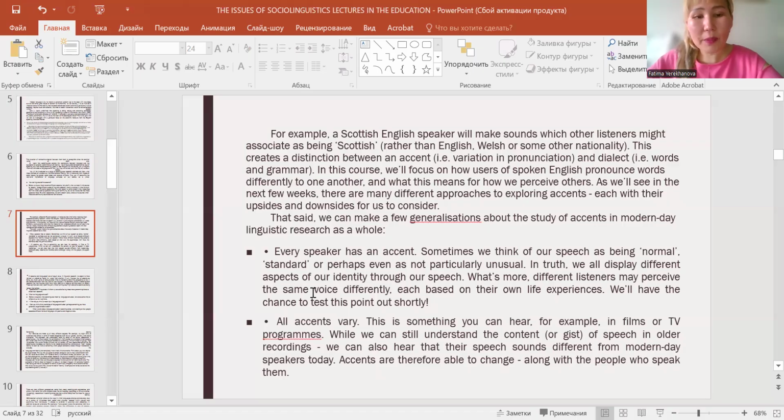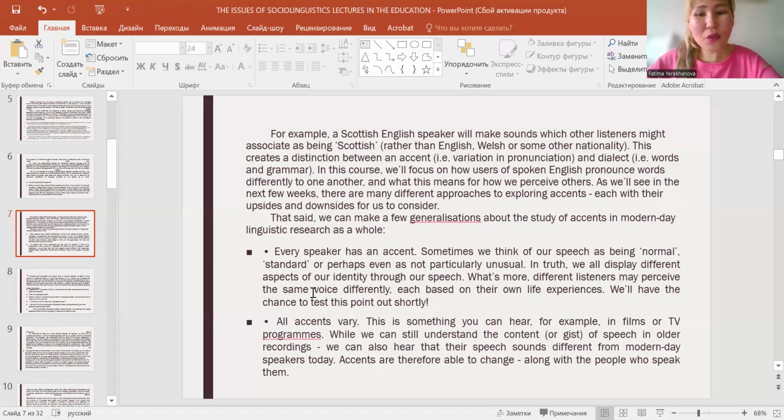Every speaker has an accent. For example, as Kazakh speakers, when we speak English we might have our own accent, a Kazakh accent or Russian accent, and so on. We also have an Arabic accent, how Arab people talk, let's say.